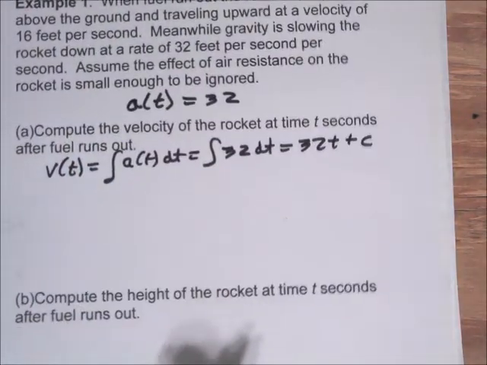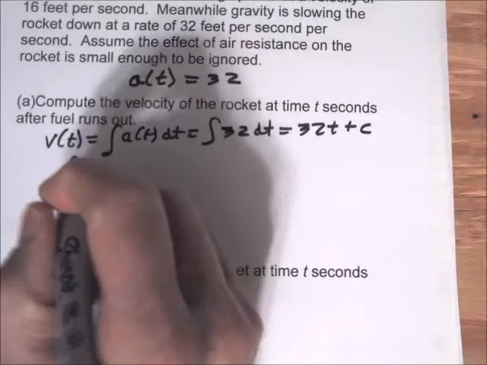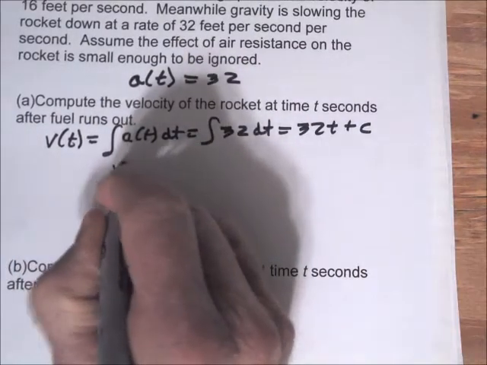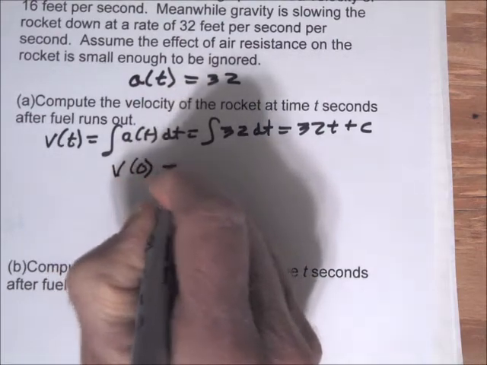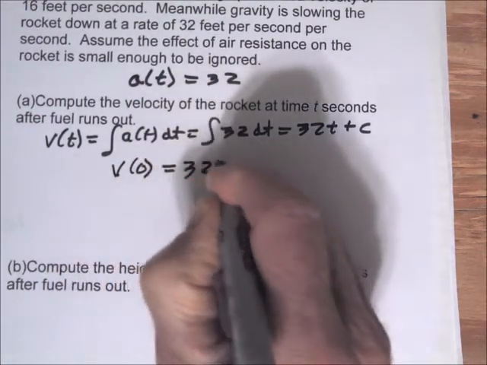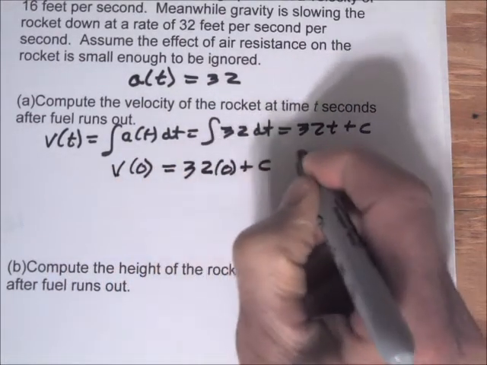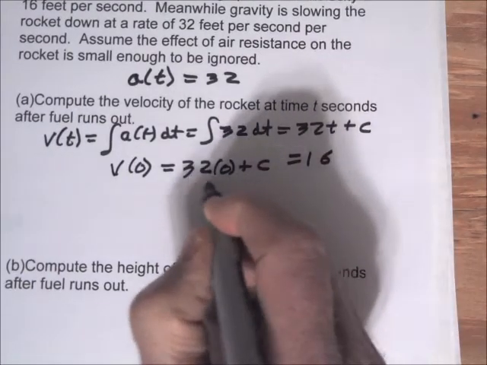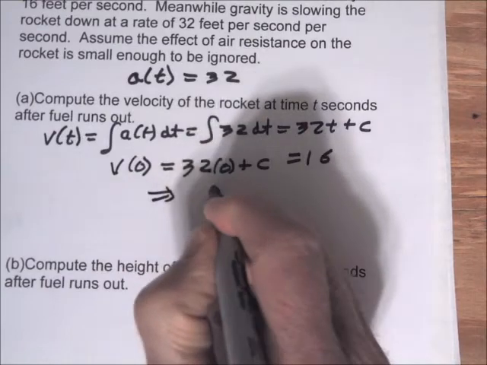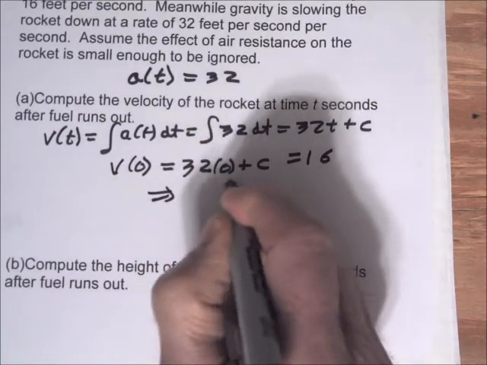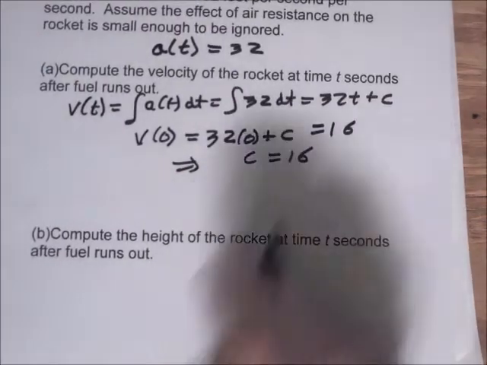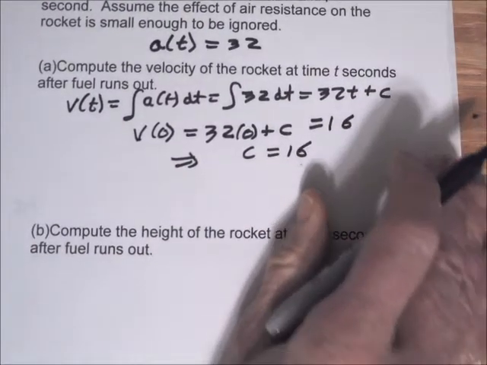So v of 0 should equal 16. v of 0 is 32 times 0 plus the constant, and that should equal 16. Well, 32 times 0 is 0, so the constant has to equal 16. That was the initial condition, and that's why it's called an initial value problem.